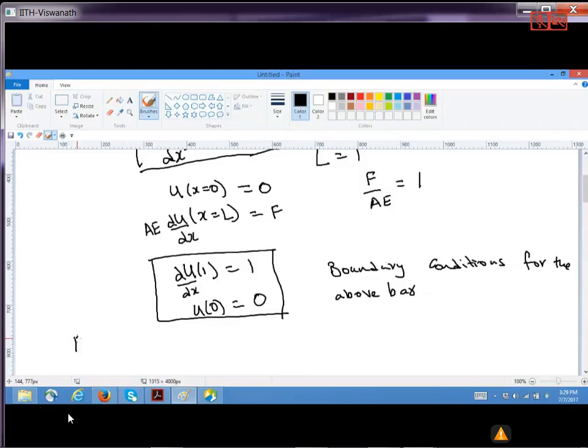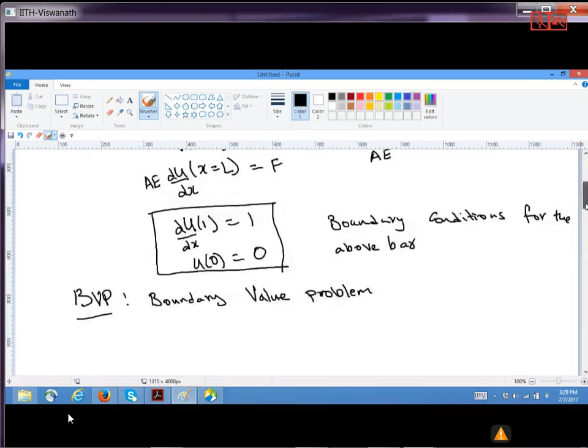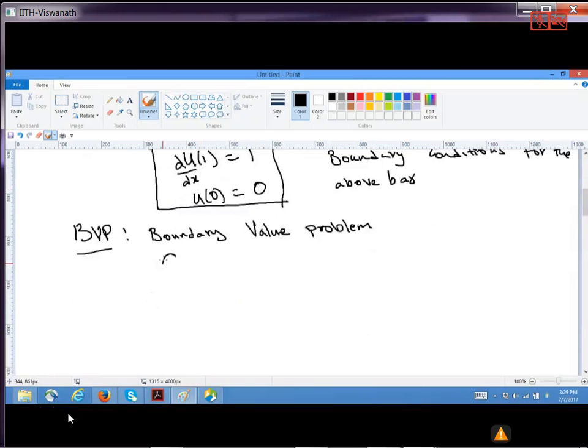A boundary value problem is a problem which has a governing differential equation plus a given domain, plus boundary conditions on the domain.